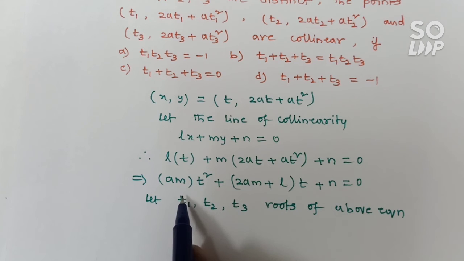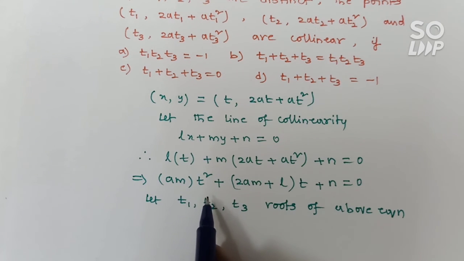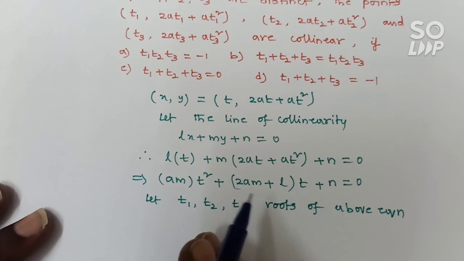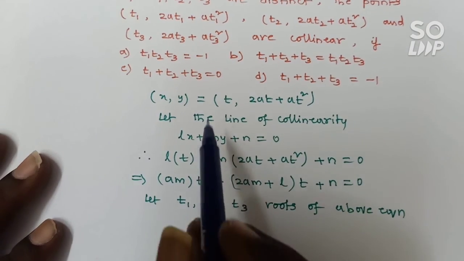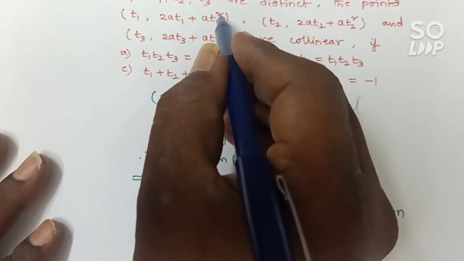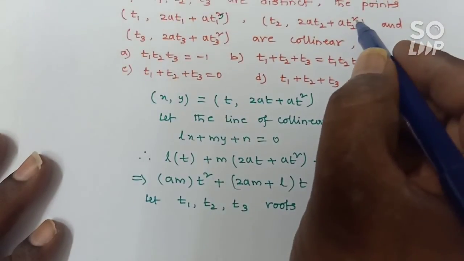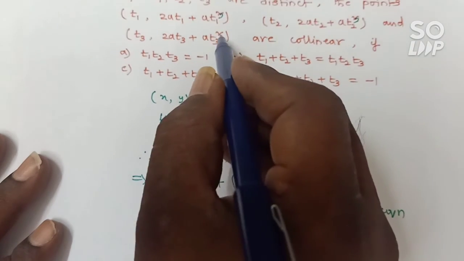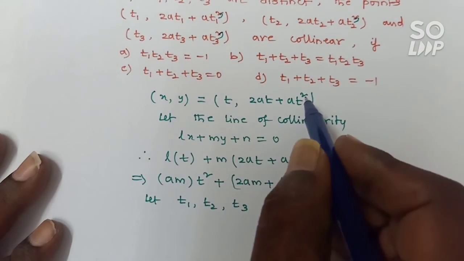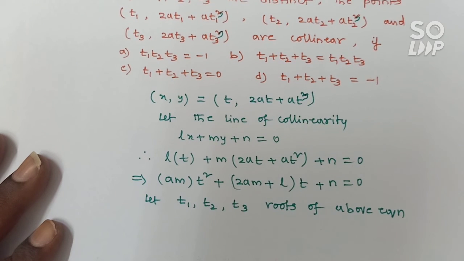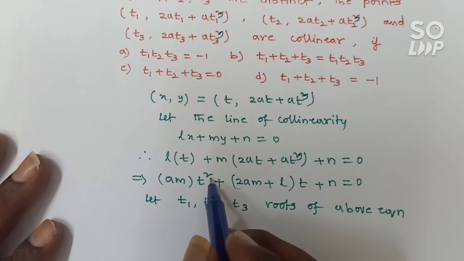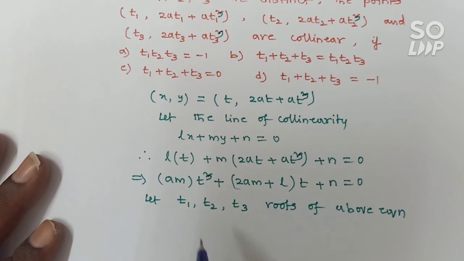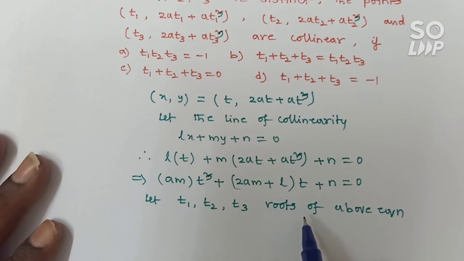One minute. See here, it is not a t square, it is a t power 3. So the point will be 2a t plus a t cube. Now this is in the form of a cubic equation.